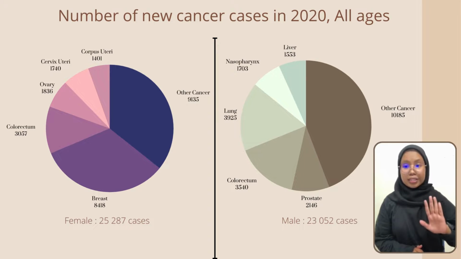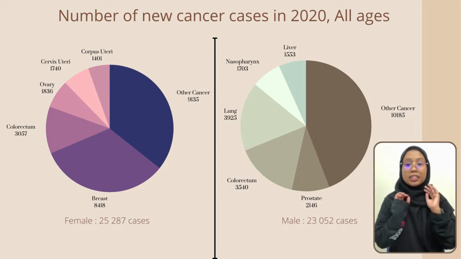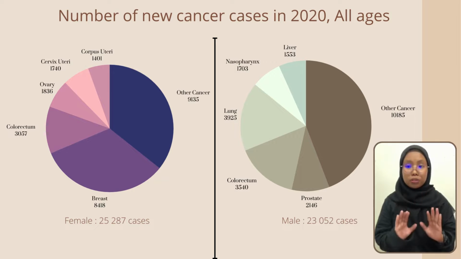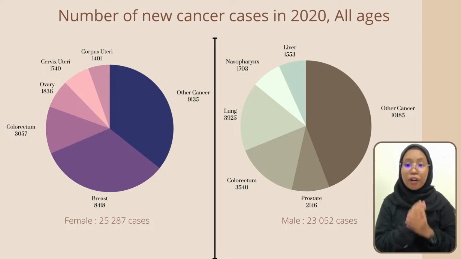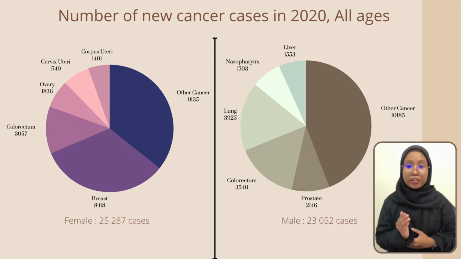Based on this pie chart, it can be concluded that liver, esophagus, lung, colorectal, and breast cancer are the top 5 most frequent cancers in Malaysia. These top 5 most frequent cancers conquer half of the number of new cases in 2020, while the other half suffer from other types of cancer.